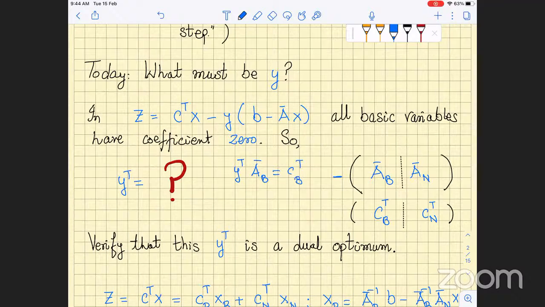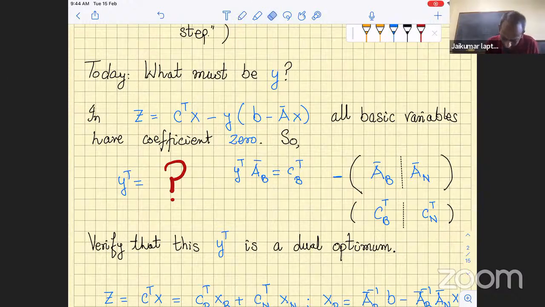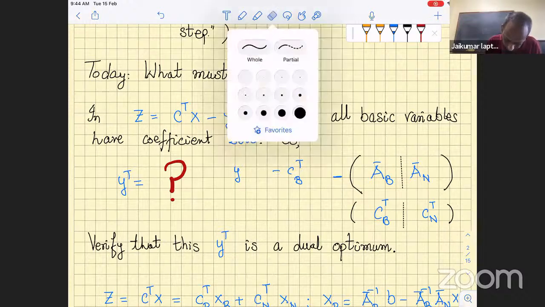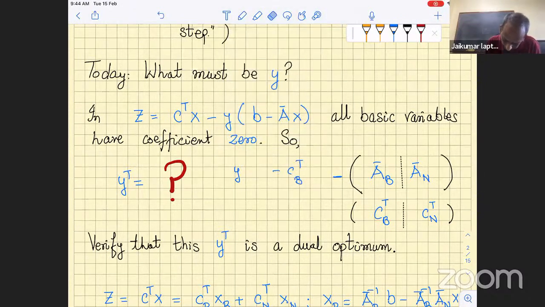Yes, it's the other side. So let me erase this. Is it clear to everybody? There is a non-singular matrix that multiplied by Y bar should give you this value.